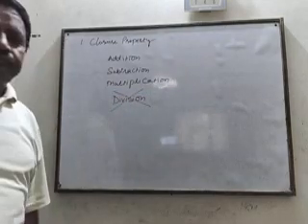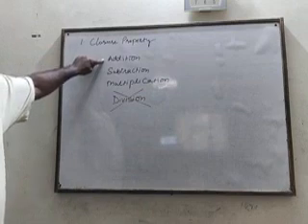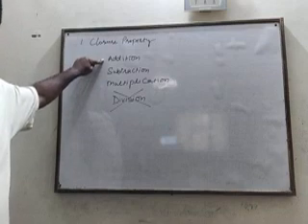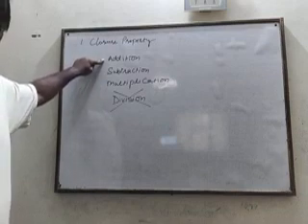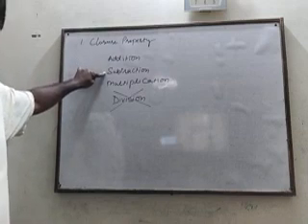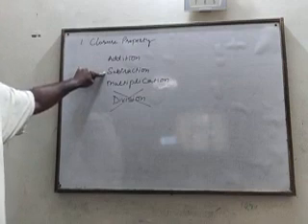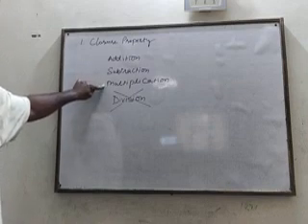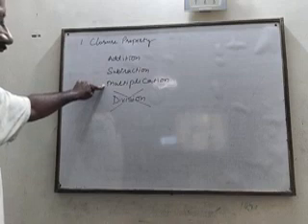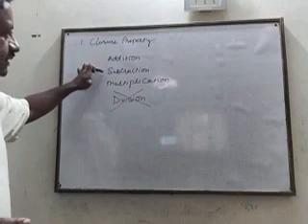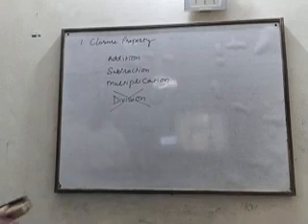Integers are closed under addition because every time when you add an integer to an integer, you will get an integer. Similarly, every time when you subtract an integer from an integer, you will always get an integer. Every time when you multiply an integer with an integer, you will get an integer. So integers are closed under addition, subtraction and multiplication. This is closure property.